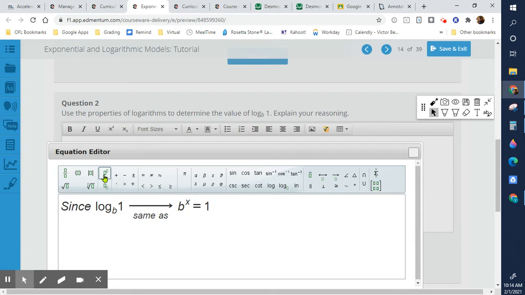You guys don't have to draw this arrow. I'm just using math symbols to do this. You can do this in words, but you have to explain what you're doing here.